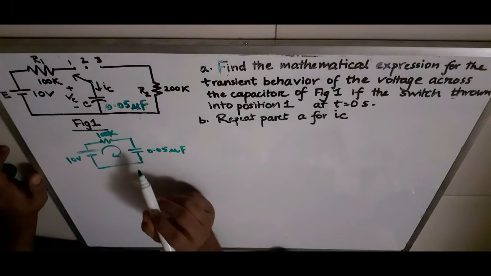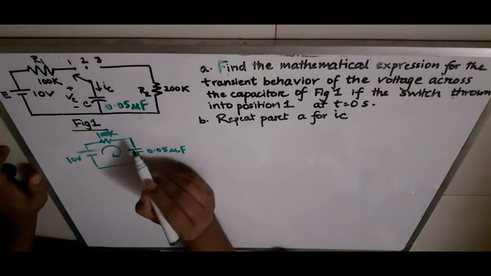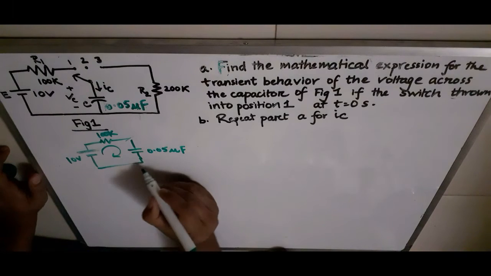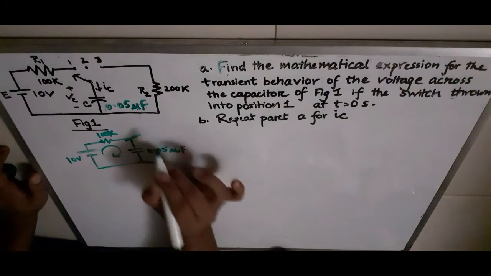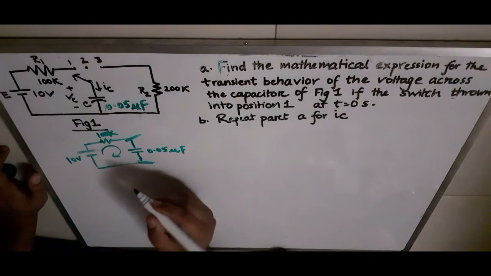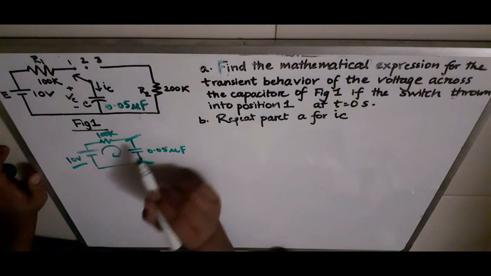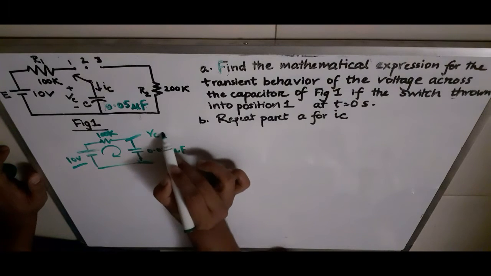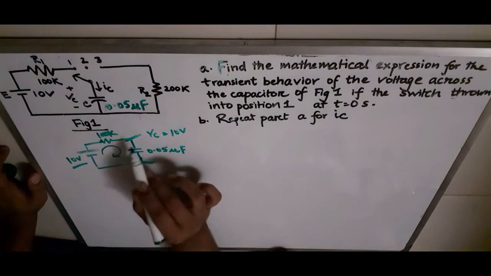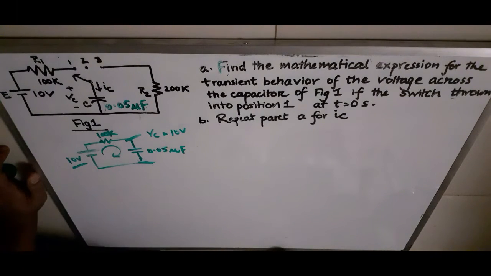So once the capacitor is fully charged, at that point of time, the voltage across this capacitor should be equal to the voltage source that is connected to it. So what I am trying to tell is, if we have a 10 volt source, at certain point of time we will be having Vc equal to 10 volts across this capacitor after some point of time when this capacitor is fully charged, right?